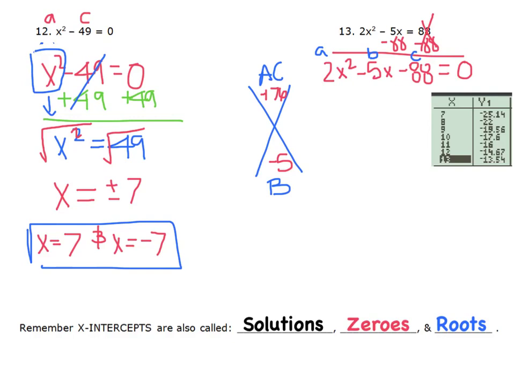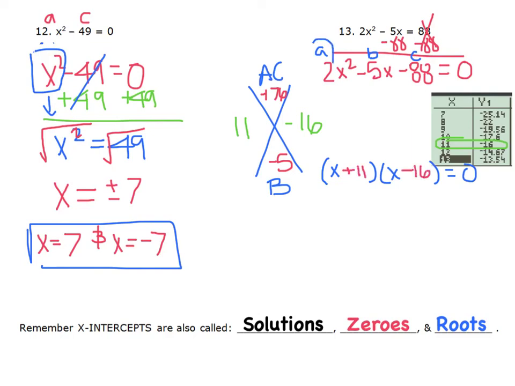So which option do we think would work out? I think it would be this option right here of 11 and negative 16. Okay, so those are our two values. So I have x goes in front, and I have a x is going to be plus 11 and then x minus 16.